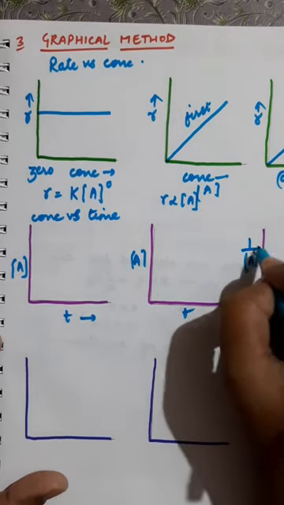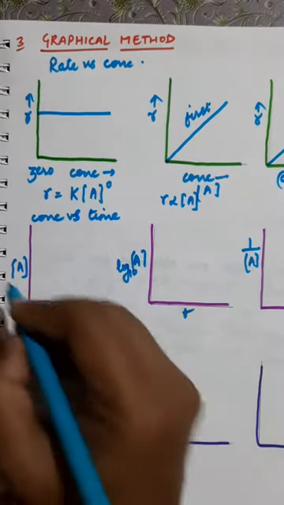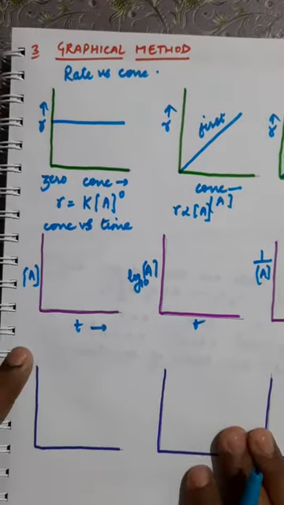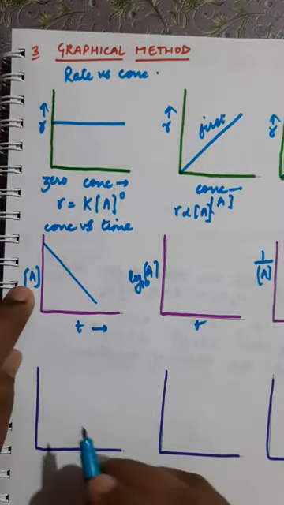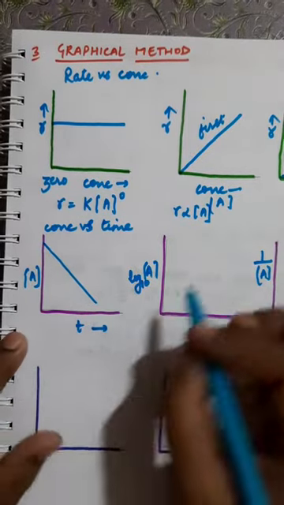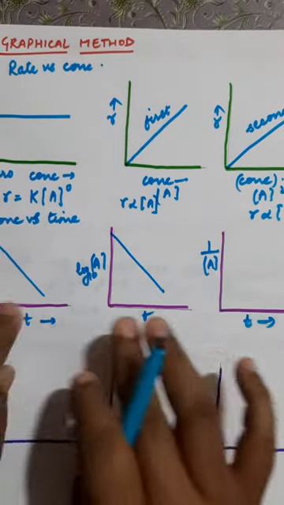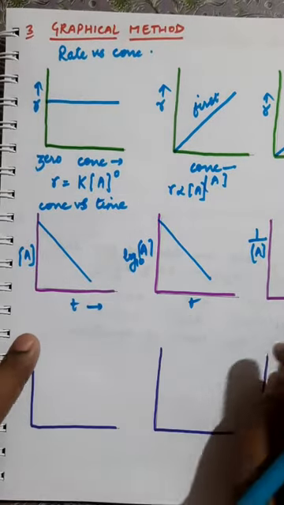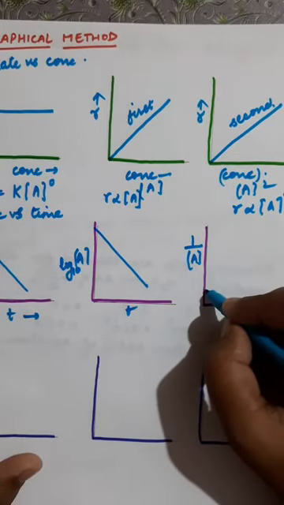It is 1 upon A, it is log base 10 A, and it is A. Now if the graph is obtained like this, that is a straight line with a negative slope. Second case, log A versus T, the same type of graph, but it is of log A. And in the third case, a 1 upon A versus time graph is obtained like this.